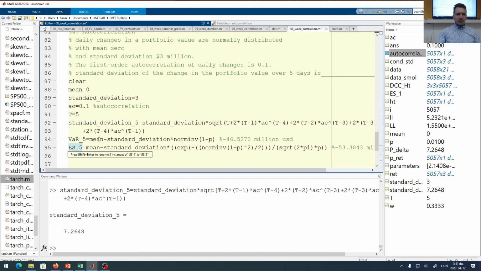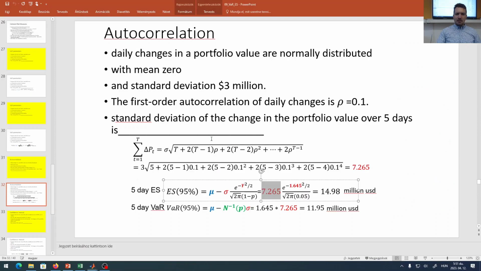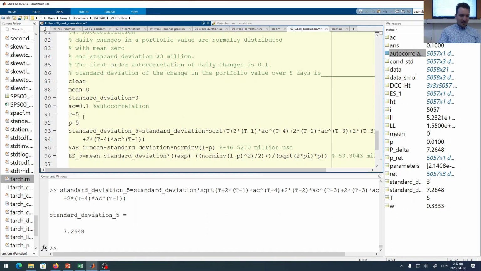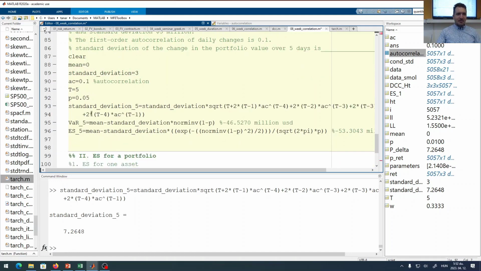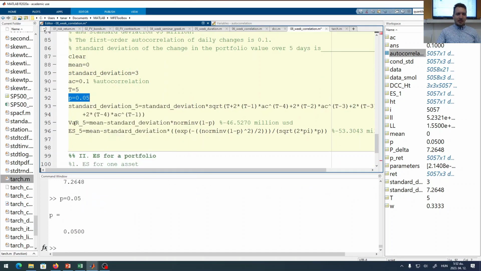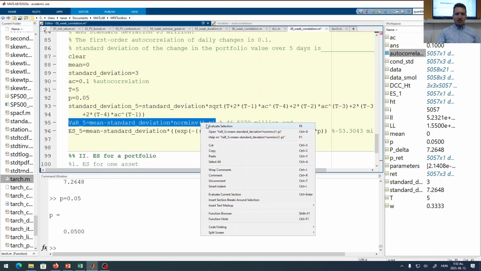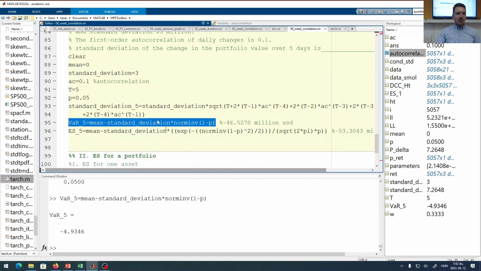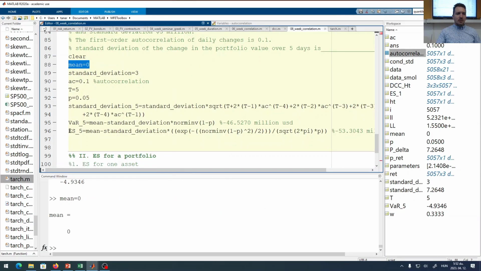Everything is in 5. Mean, okay, standard deviation, okay, norm mean, okay, P is not defined anywhere, but this is 5% because I can see it from the numbers. 0.05. And now we're supposed to have mean 0.